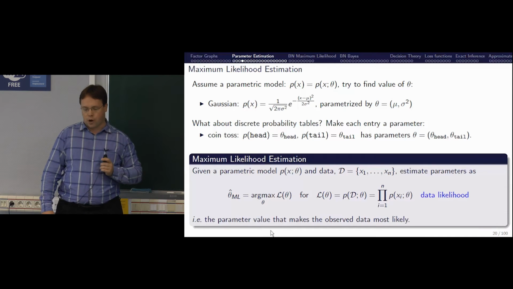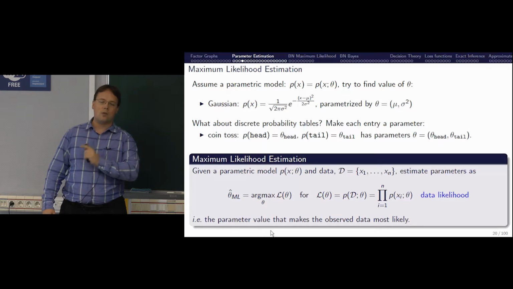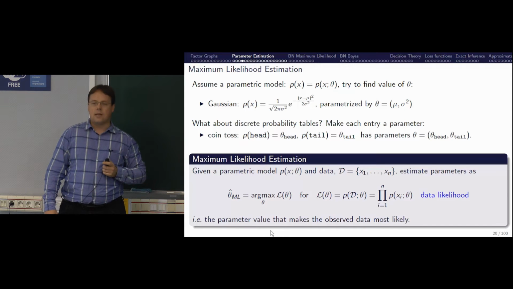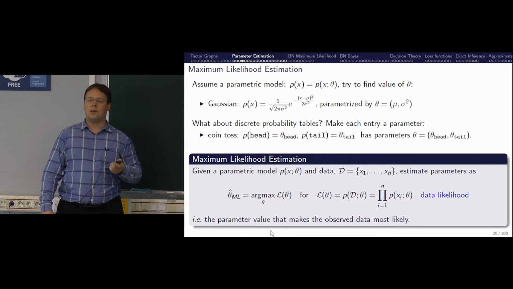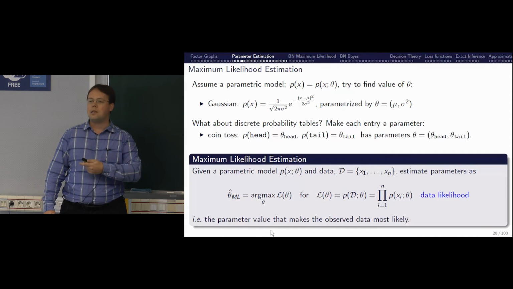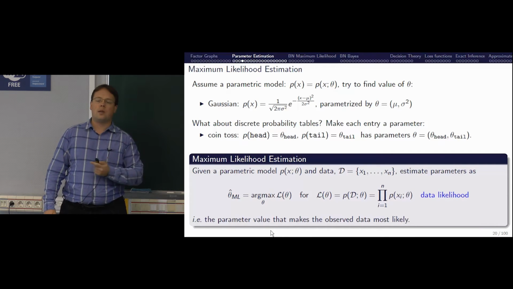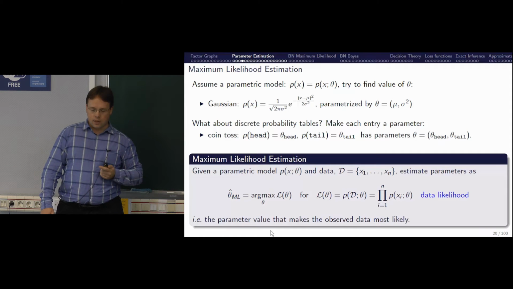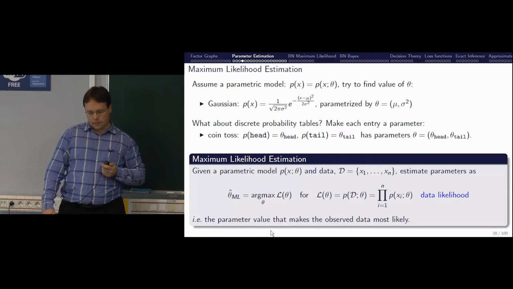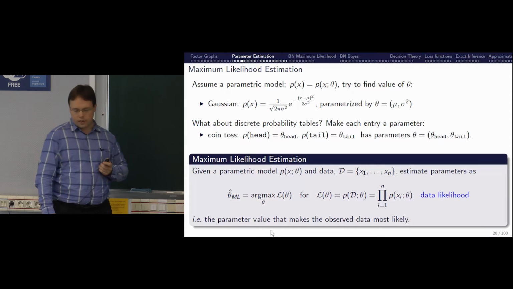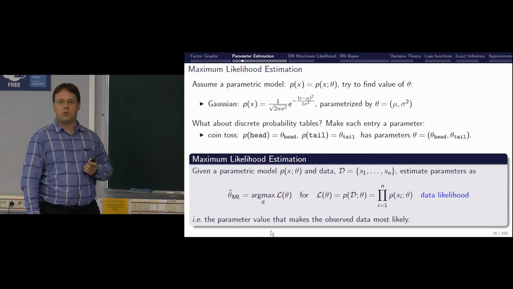And that is just the product of the probability of each individual outcome. That gives you a function which only depends on theta. The data is fixed, right? It's observed, we have it, but theta is an unknown quantity. So this is a function of theta. And now we can check for all possible values of theta which one gives the highest likelihood, and that's the one we call the maximum likelihood estimator. So choose the value that makes the observations most likely.